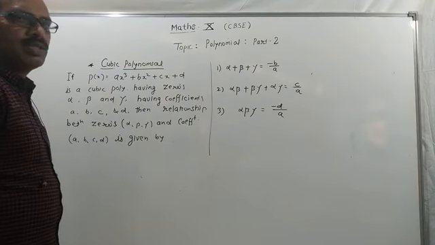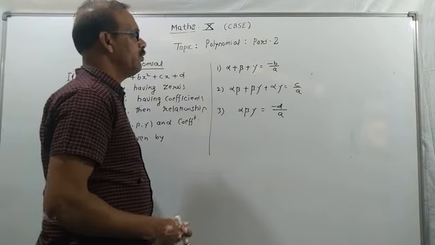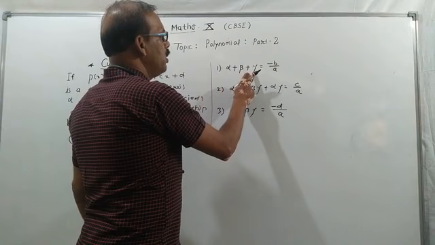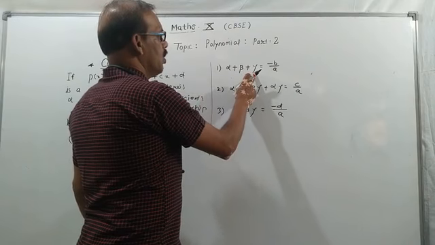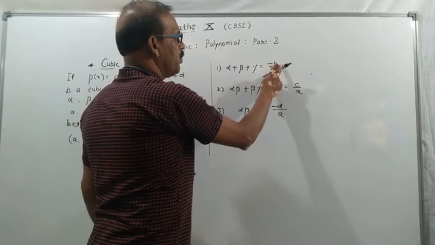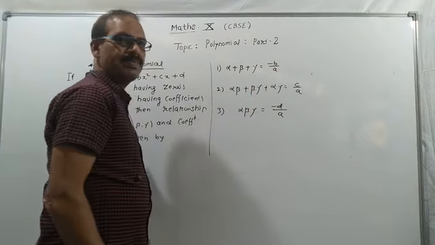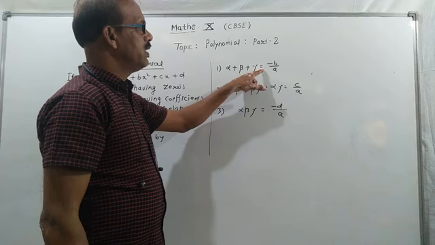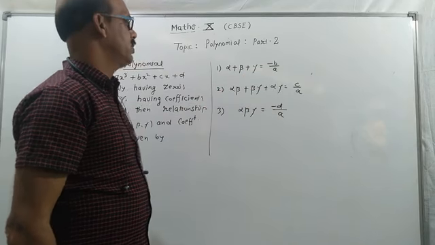The first relationship is that the sum of all zeros of cubic polynomial is always equal to minus b upon a.